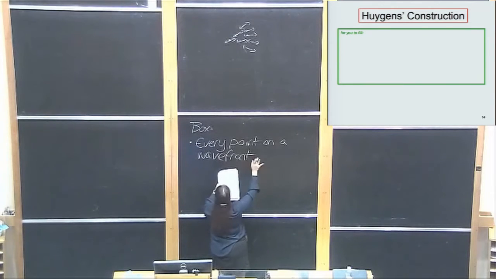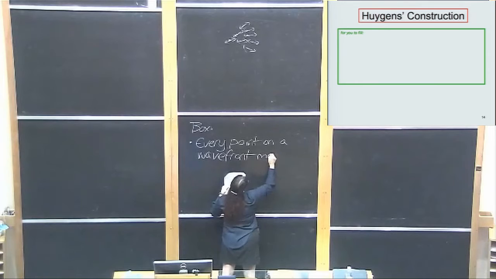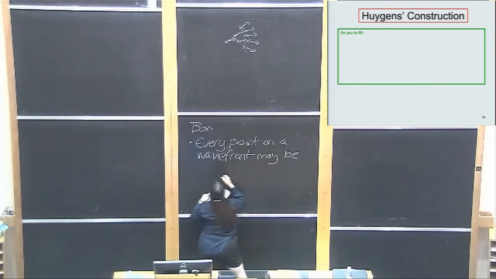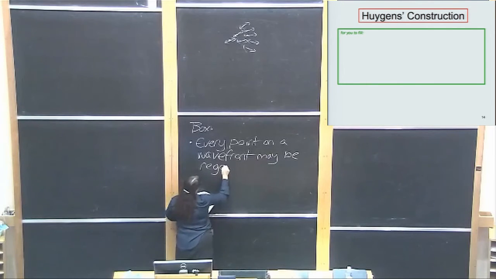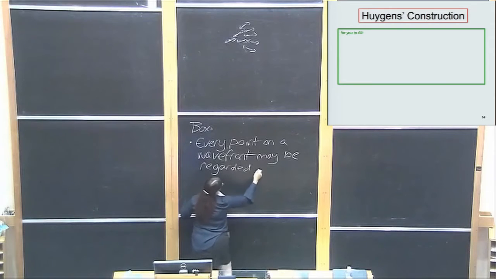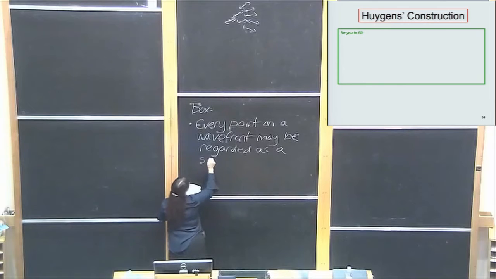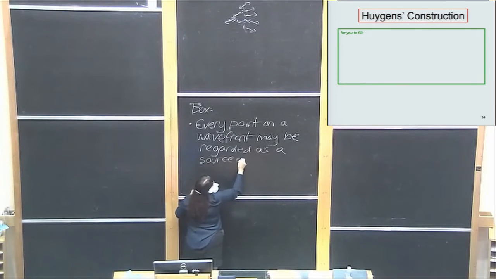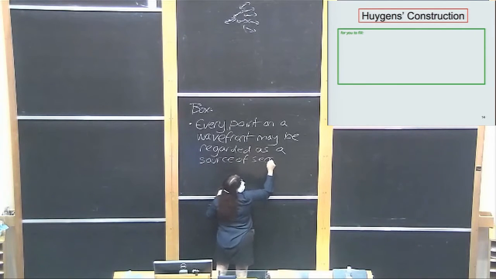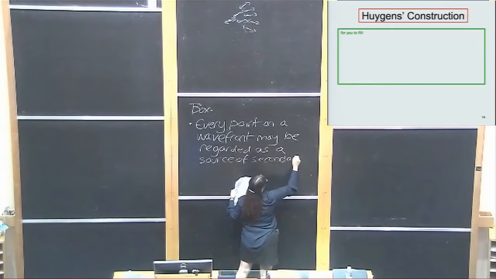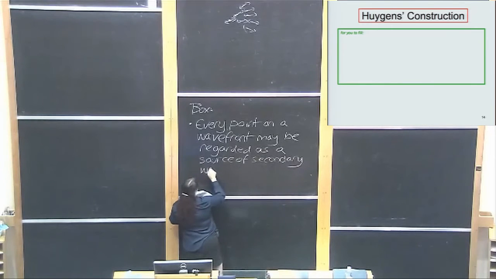So he said that every point on a wavefront may be regarded as a source of secondary wavelets.